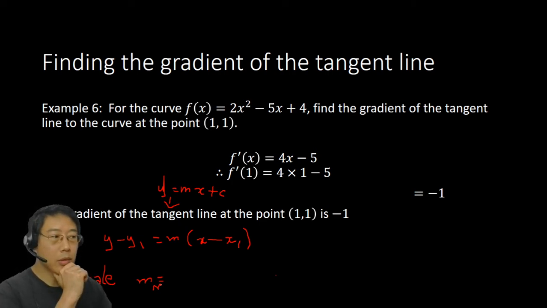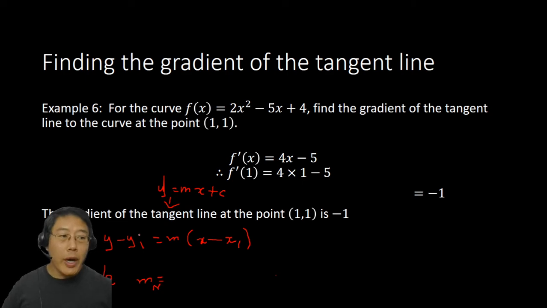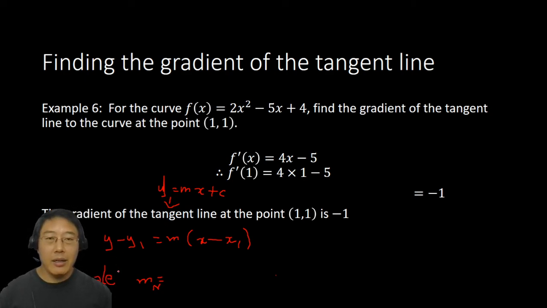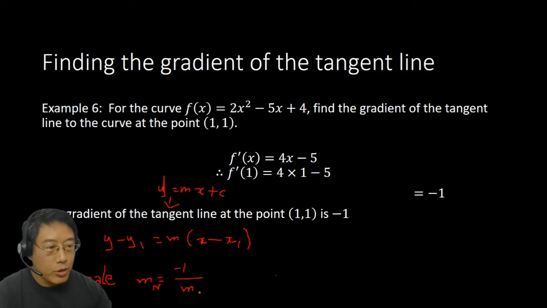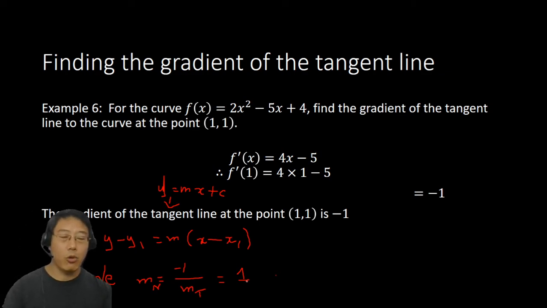Any of you remember? Yes, it is 1, but how did you get that? Actually, I'm just going to tell you, I need to move on. The normal and the tangent are perpendicular. If you have two straight lines that are perpendicular, if you multiply the gradients, it's always equal to -1. So that's going to be -1 divided by the gradient of the tangent. -1 divided by -1 is +1. It's just a reminder about the things that you've done with linear equations.